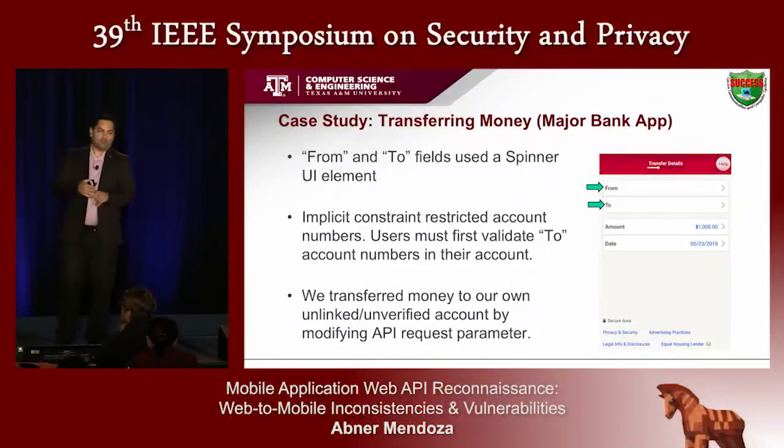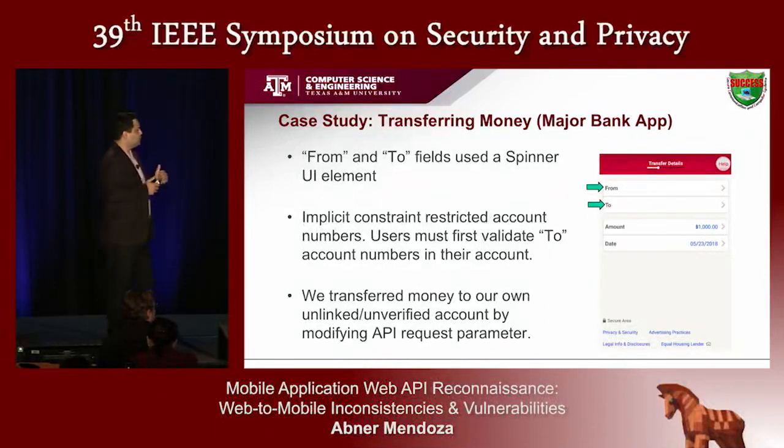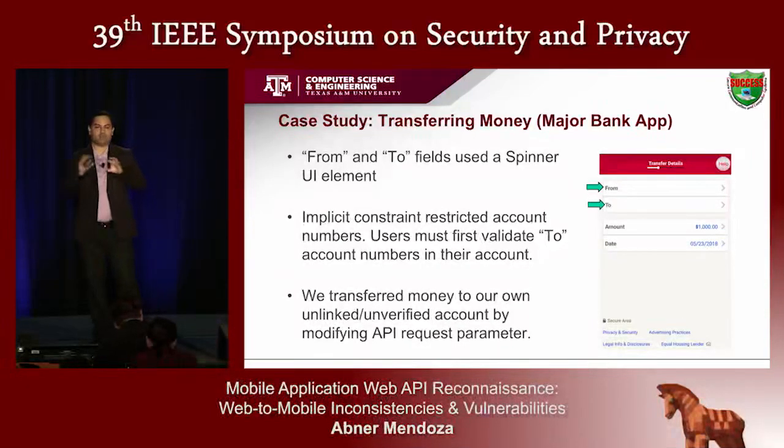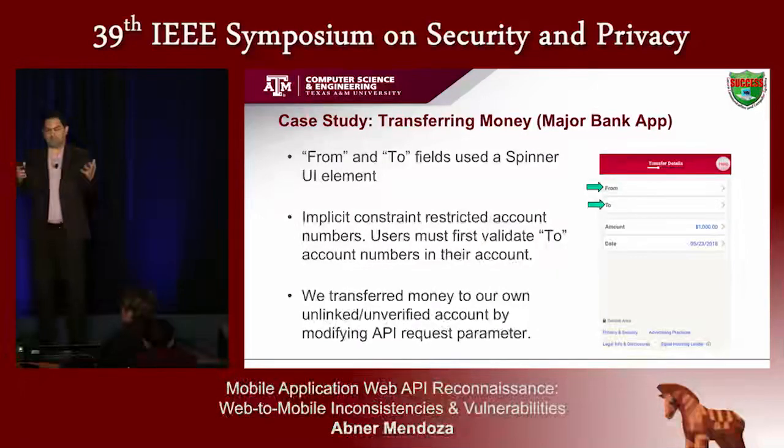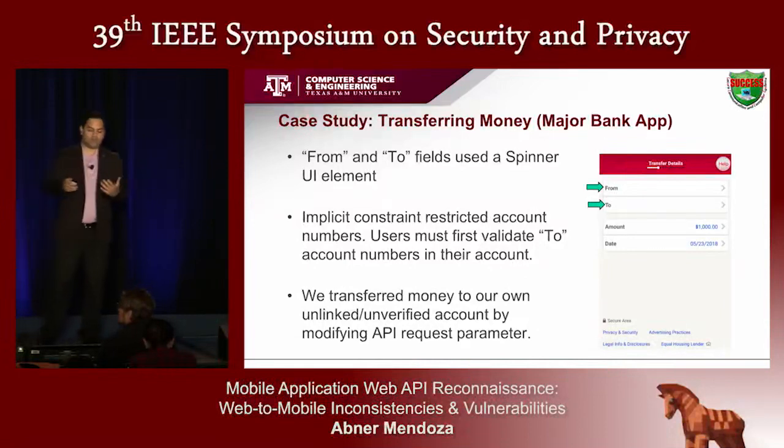Using our multiple test accounts in the app, this is back in the day when you could get a free account without the banking fee, we were able to transfer some money even though the account number did not appear in our app or was not validated in one particular account. Of course, there are authentication constraints here, which is a limitation of our work.